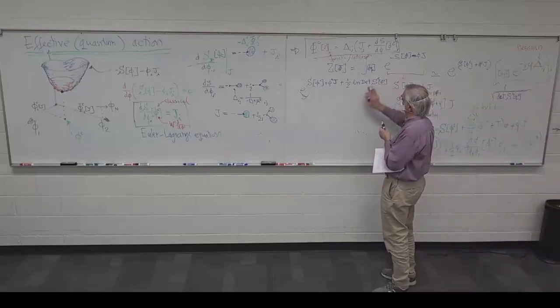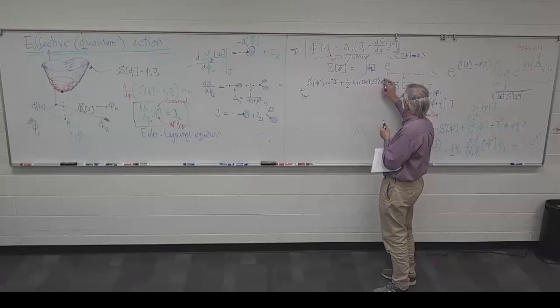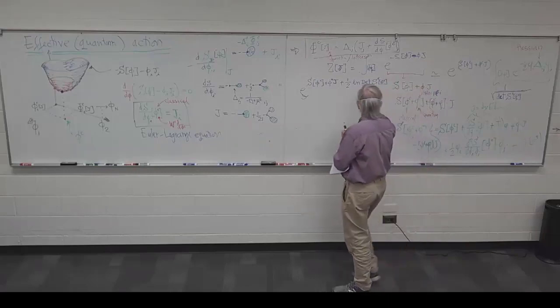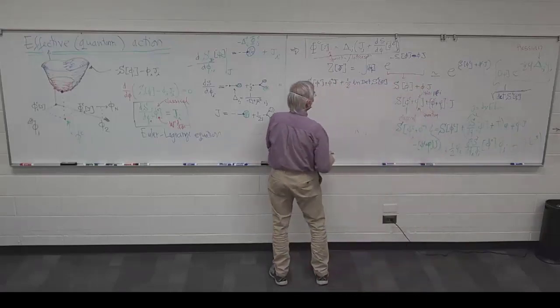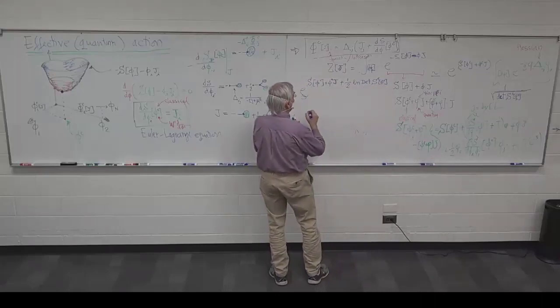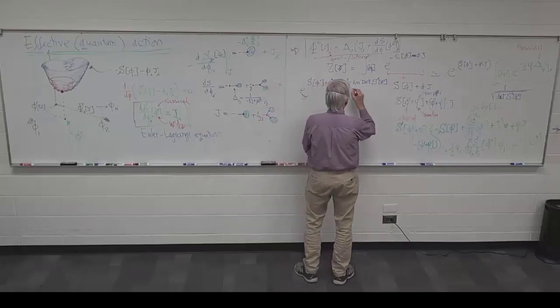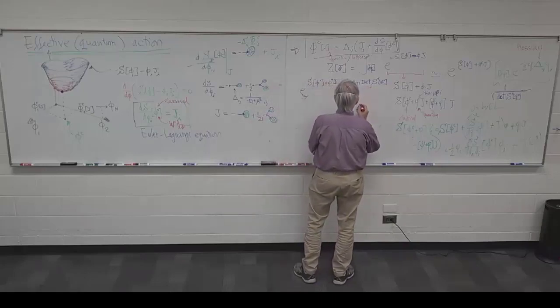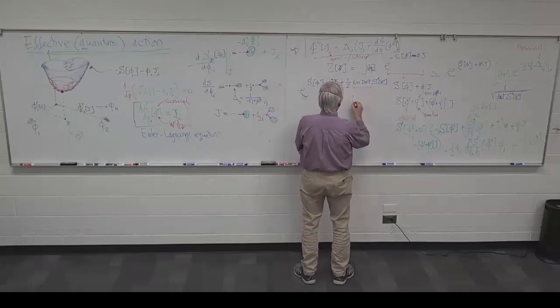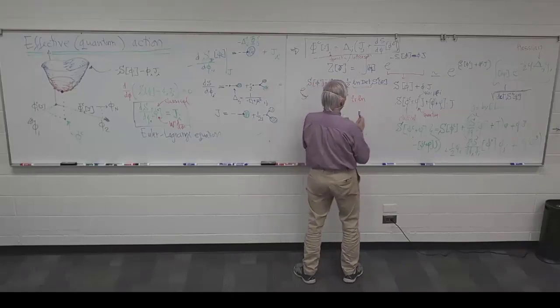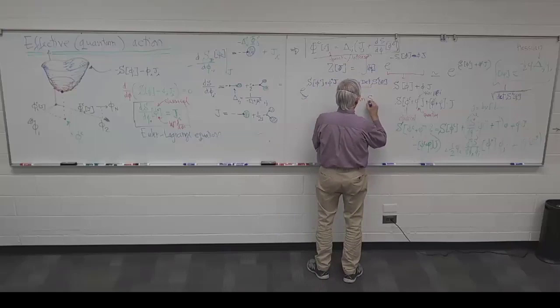So modulo some imaginary phase here, you have an expression with the determinant of the second derivative. But now I use the famous identity that says that this is a trace of the logarithm of S.